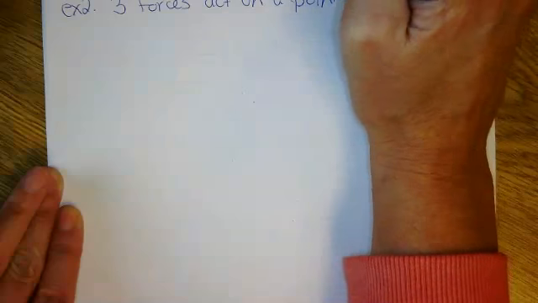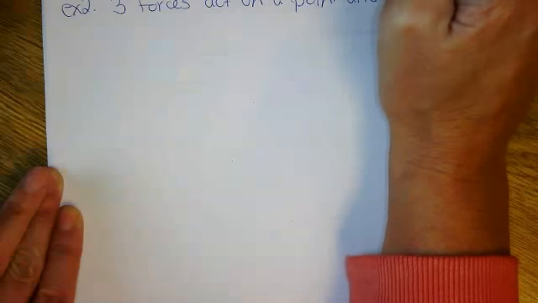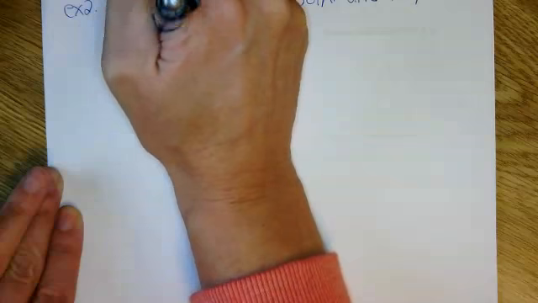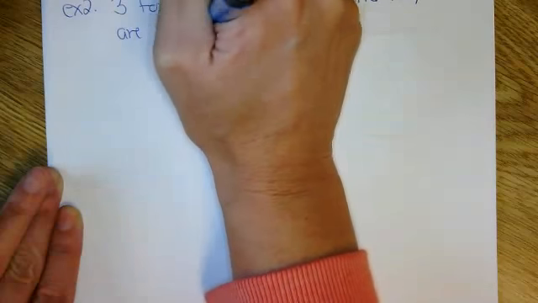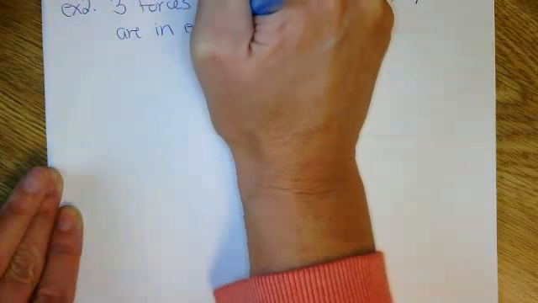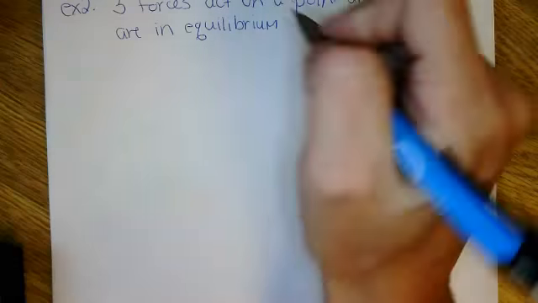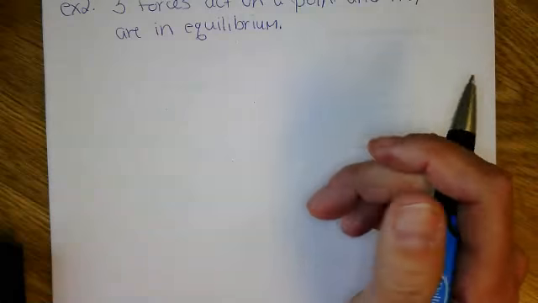And they are all in equilibrium. That means nothing's moving. It's like a tug of war with 3 ropes and everybody's staying still. Nobody's winning this tug of war. Yet everybody's working hard. And we'll see what has to happen here to make that situation occur.